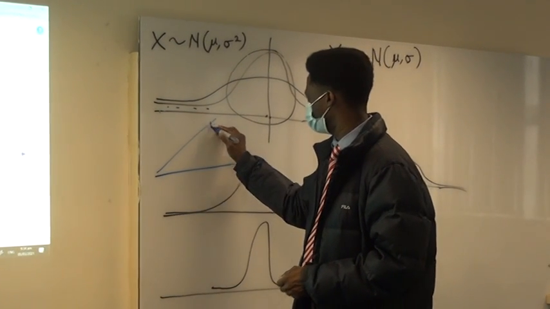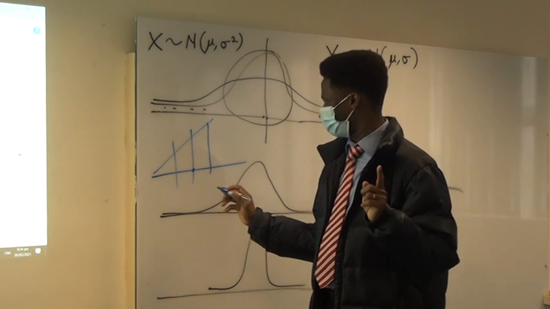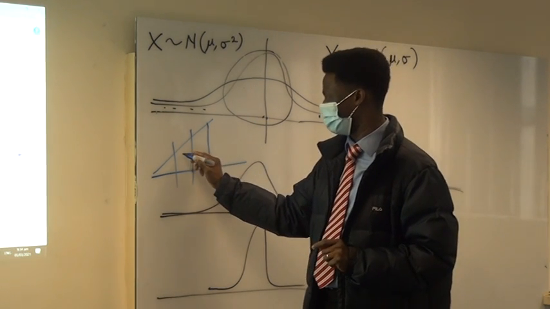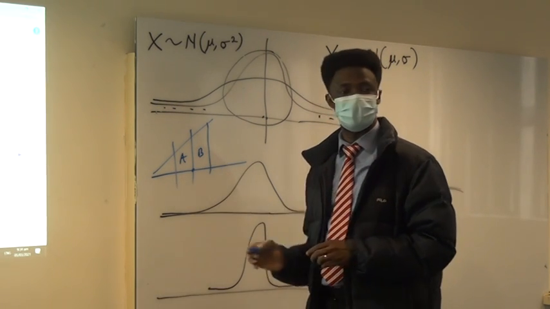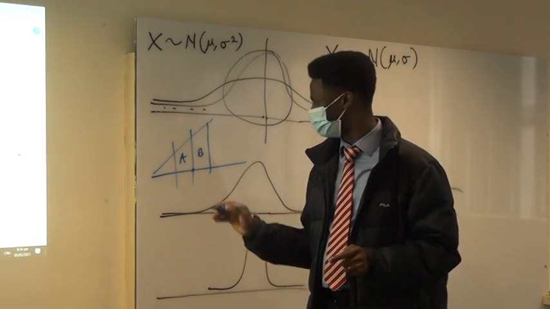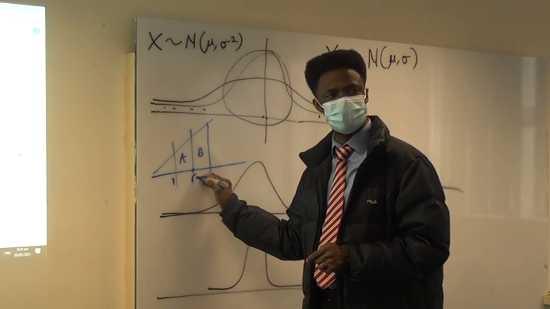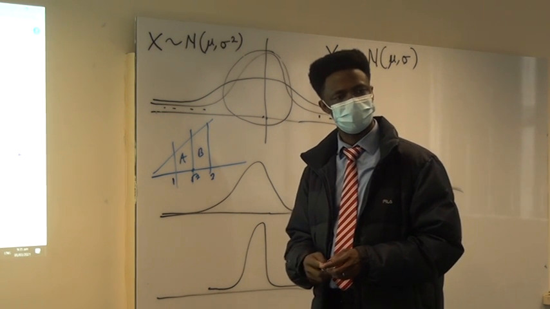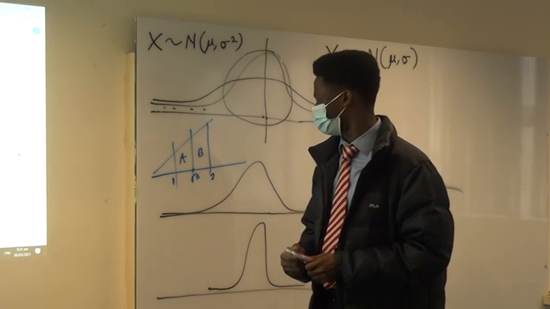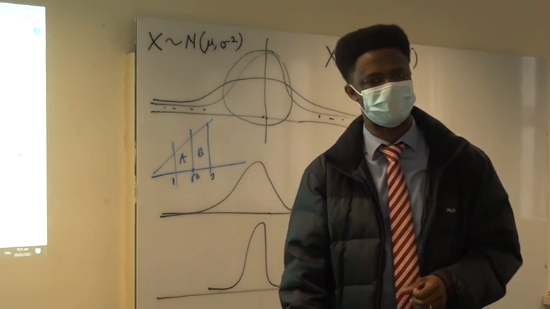You cannot say your median is halfway of this distribution, because clearly the area here is less than the area here. So this wouldn't have been the median. And we saw that yesterday. We had a 1 and a 2, but we found our median to be at square root of 2 instead of 1.5. I don't know if this was the exact shape, but I think we found something like this yesterday.